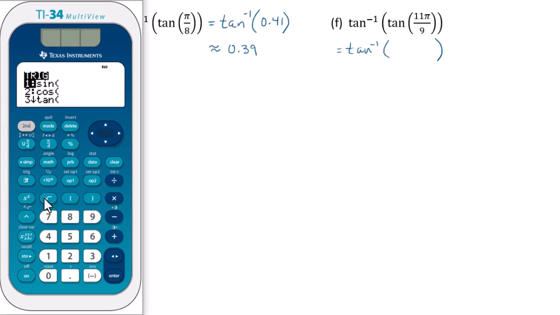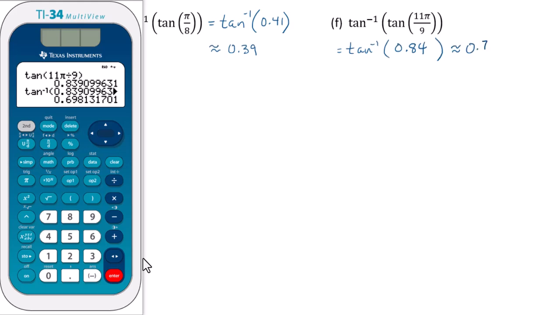So I'm going to go into the trig menu, select tangent, 11 pi over 9, and we'll get approximately 0.84, and then I can take the inverse tangent of that. So go back into the trig menu, enter the inverse tangent, and scroll up to grab that value that we just calculated, and we get approximately 0.70 radians.